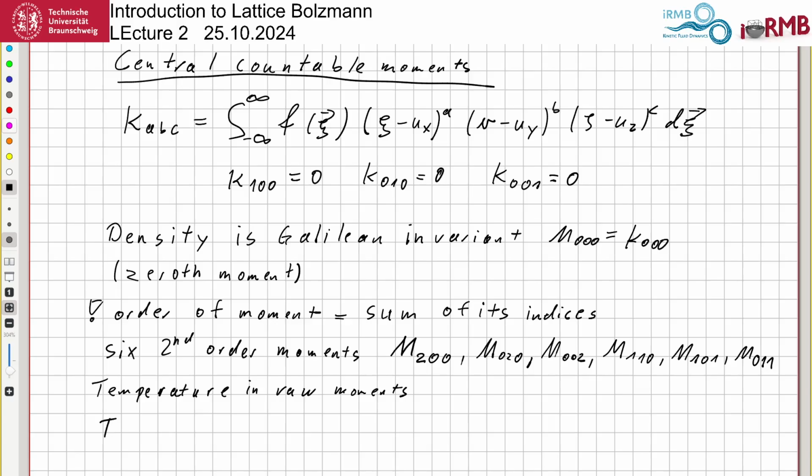So T. Okay, there is a prefactor that of course comes from physics. So there's the mass of the particle, 3 times the density rho times the Boltzmann constant.